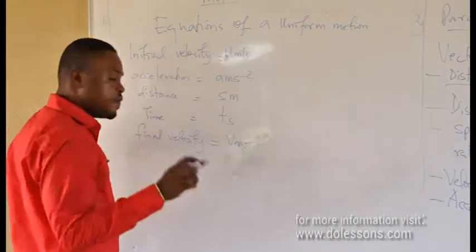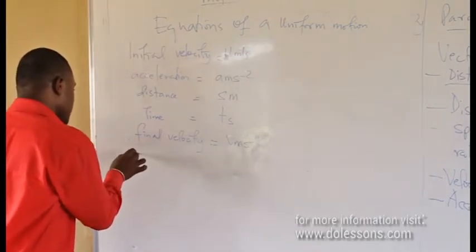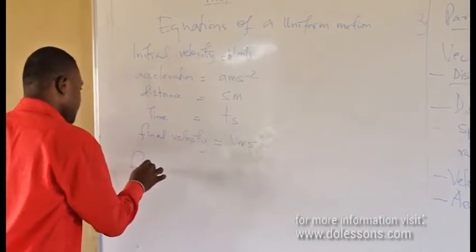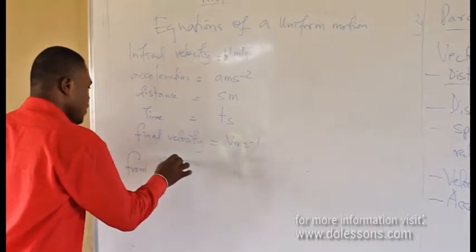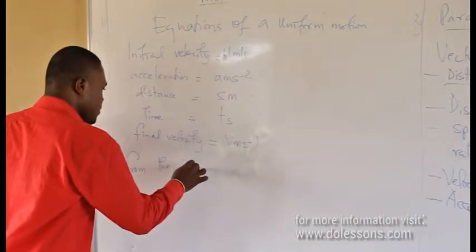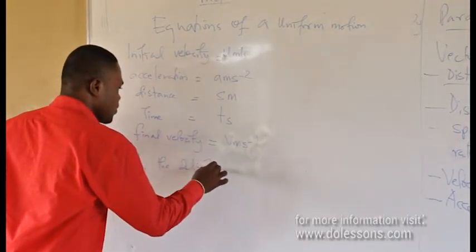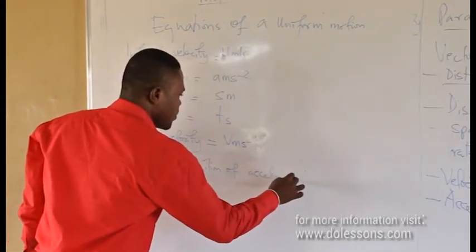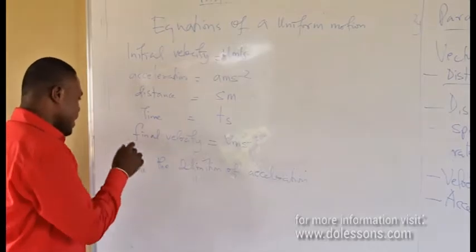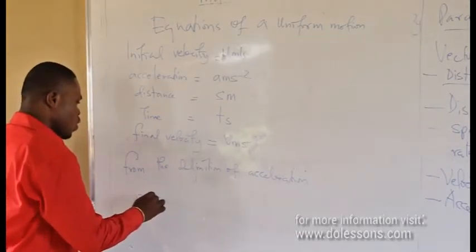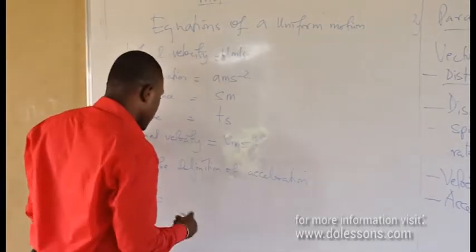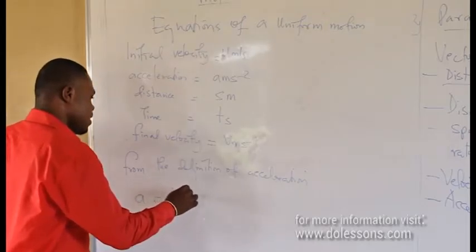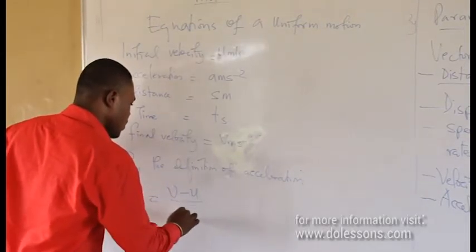Therefore, from the definition of acceleration, we see that a is equal to the rate of change of velocity with time. That is, v minus u all over t.